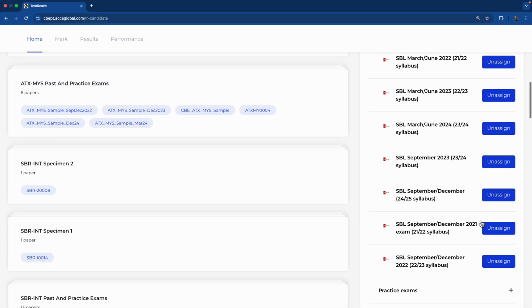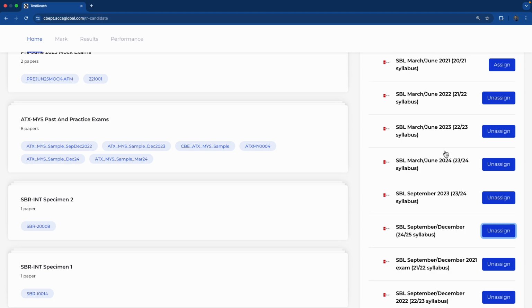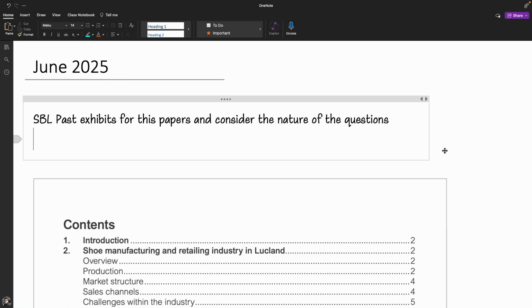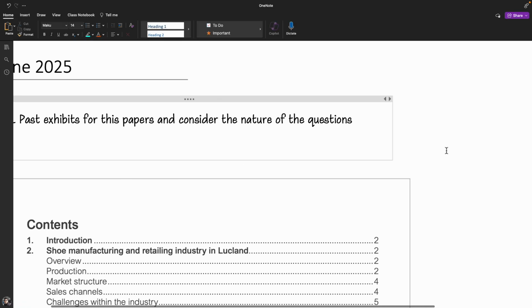The most recent paper is this one, SBL September, December 24/25. Okay, you can see this one. What are the papers we can look at?